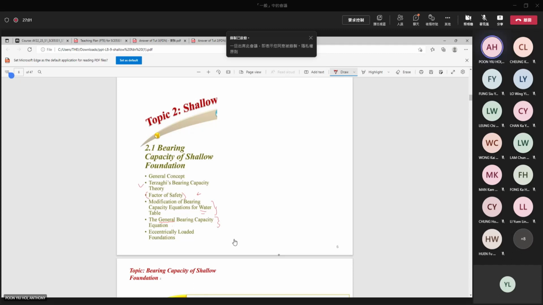We'll also look at the effect of eccentricity. For example, the load may not act at the middle of the foundation, but may be acting away from the center. One of the reasons is that there's actually a moment.